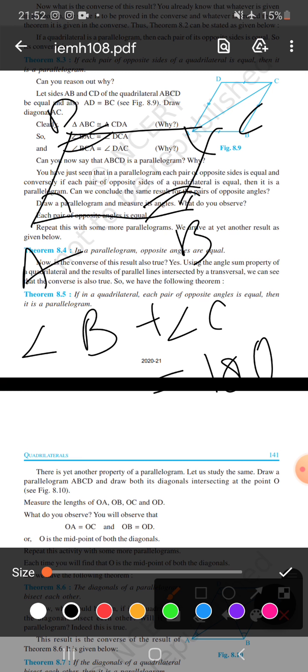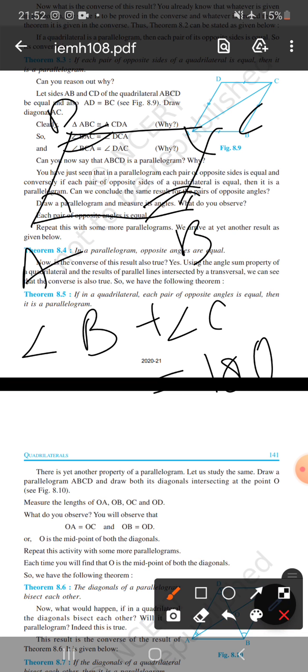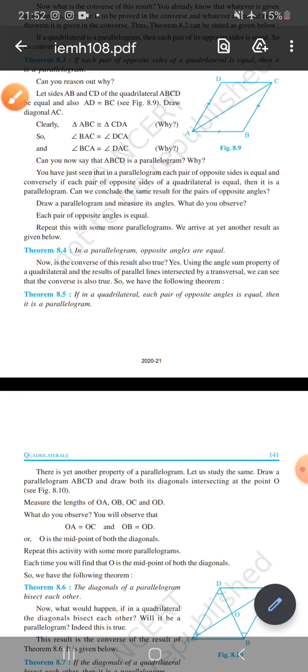That means BC will be parallel to AD. So we can say that these two pairs of sides are parallel, then the resulting figure is our parallelogram.